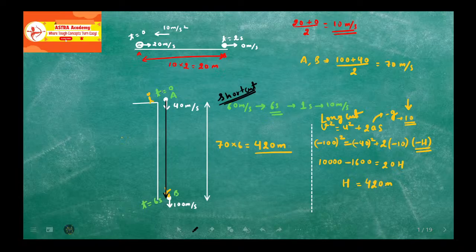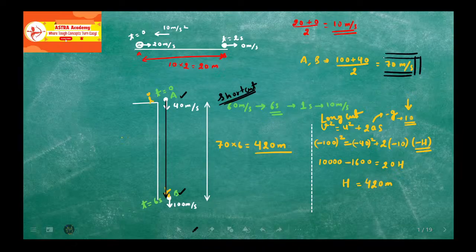Suppose there is point A and this point B, and we want the distance between A and B. We just take the speeds at point A and point B and calculate the mean, the average, and the average speed will be my final speed.